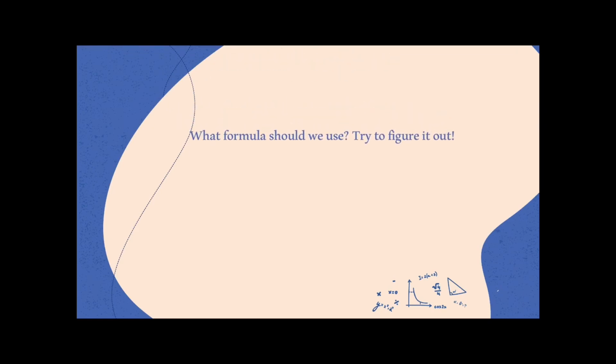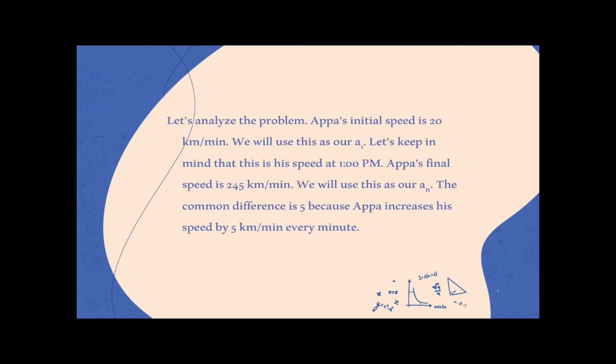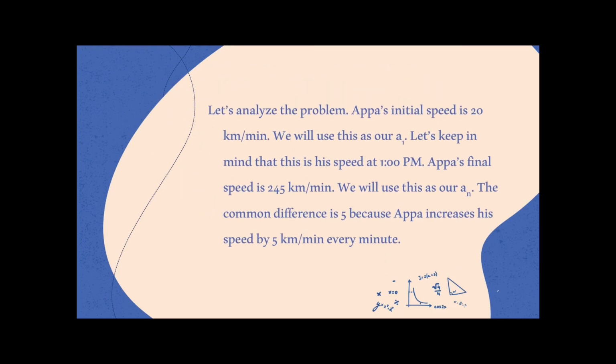What formula should we use? Try to figure it out. I'll give you a few seconds. If your answer is the formula for arithmetic sequence, you're correct. Let's analyze this problem.